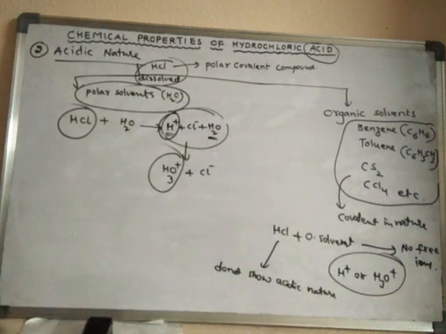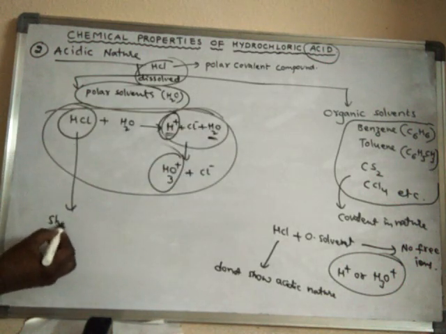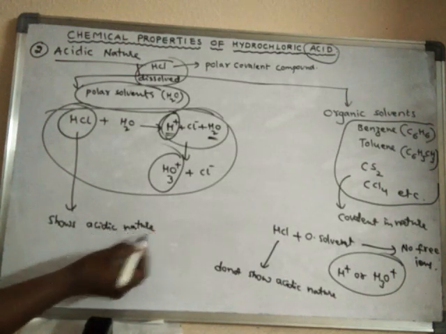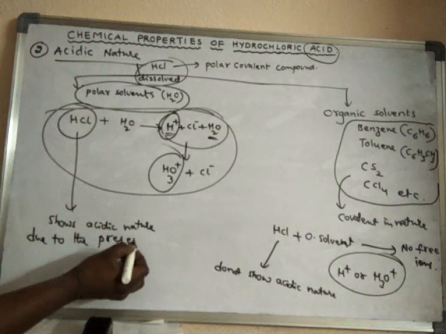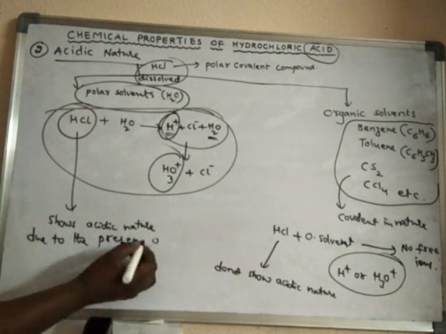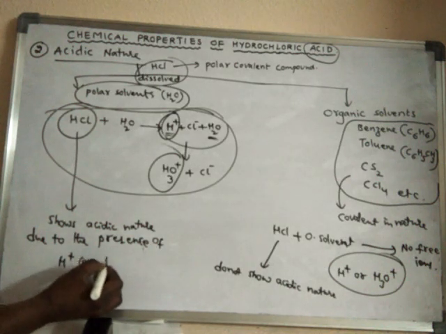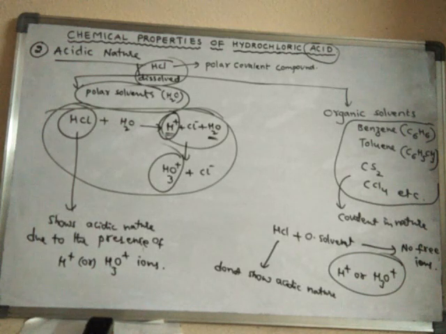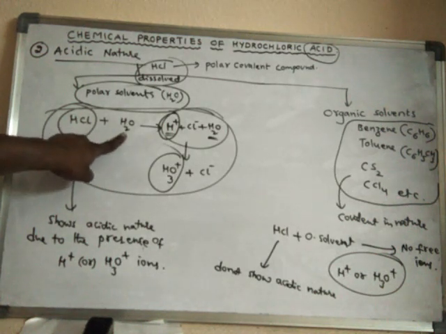But HCl shows acidic nature due to the presence of H plus or H3O plus ions when dissolved in water.